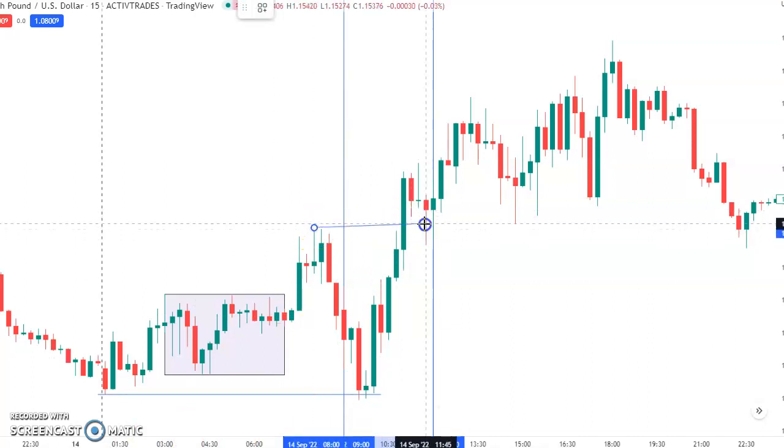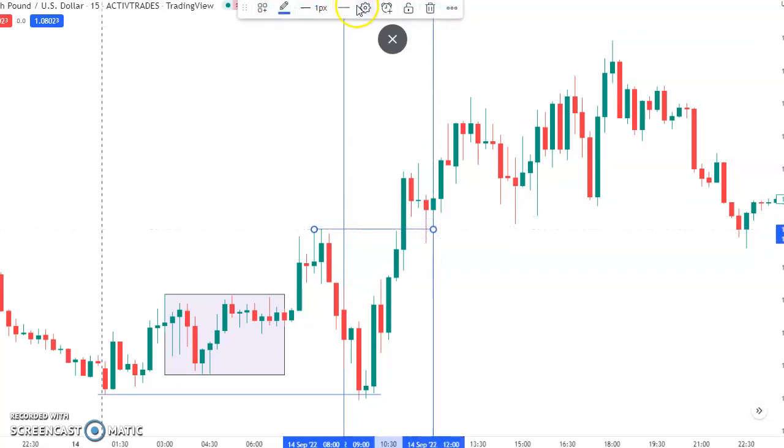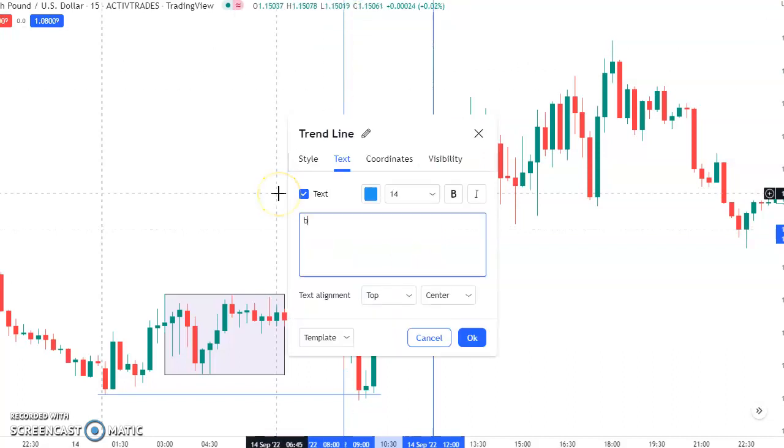So what we'll do, we'll just extend this line. Move it up to there. Right, so it has the BMS.